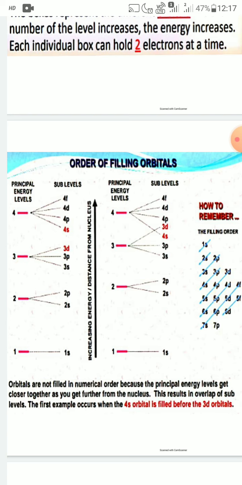so orbitals are not filled in numerical order because the principal energy levels get closer together as you get further from the nucleus, and this results in the overlap of sub level. Okay, and the first example occurs when the 4s orbital is filled before 3d orbitals.